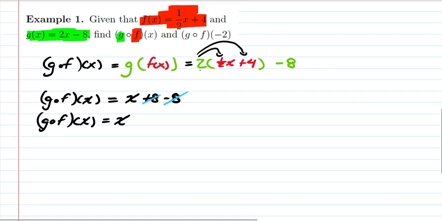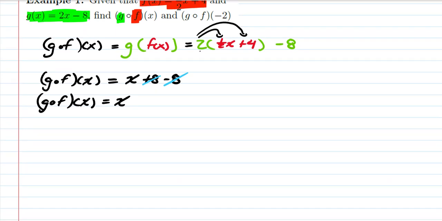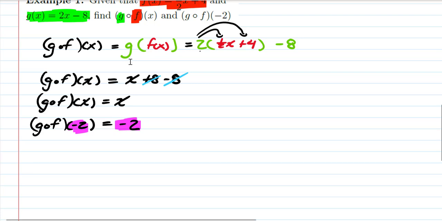So g circle f of x is equal to x. The second part says, in our new rule, g circle f, we want to replace our x with negative 2. So then we're going to get just negative 2. So g circle f of negative 2 is negative 2, because g circle f of x was just x.